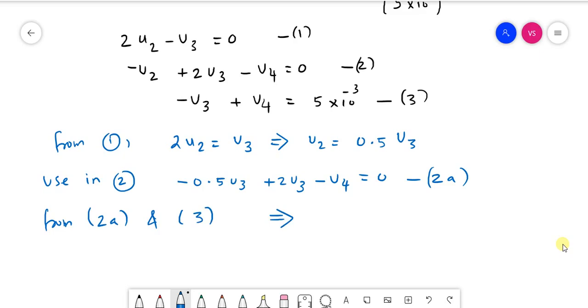If you solve this, you will get the following solution. You can check this yourself, but you will get the following answer.